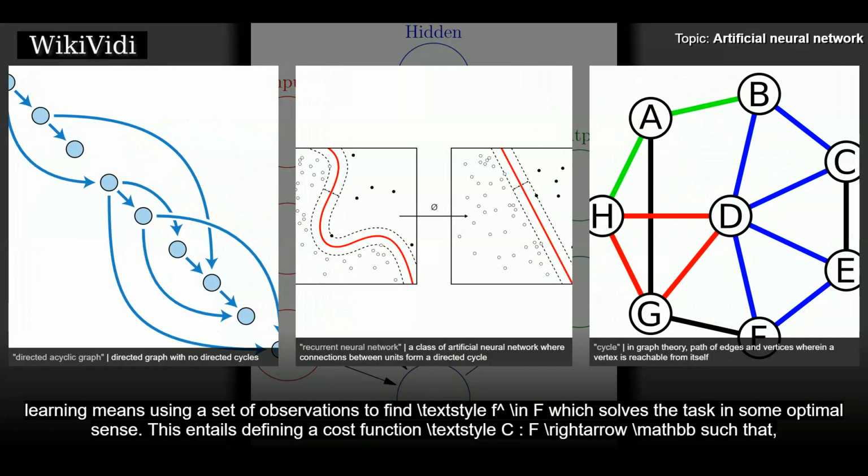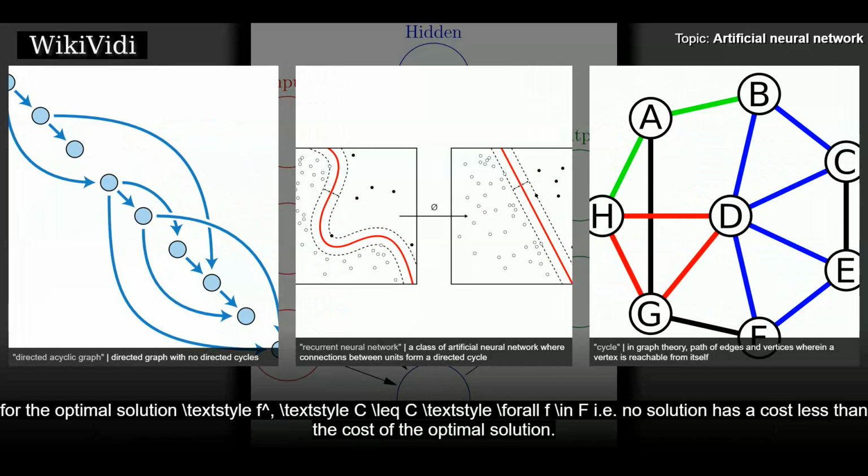This entails defining a cost function C: F → ℝ such that, for the optimal solution f*, C(f*) ≤ C(f) for all f ∈ F, i.e. no solution has a cost less than the cost of the optimal solution.